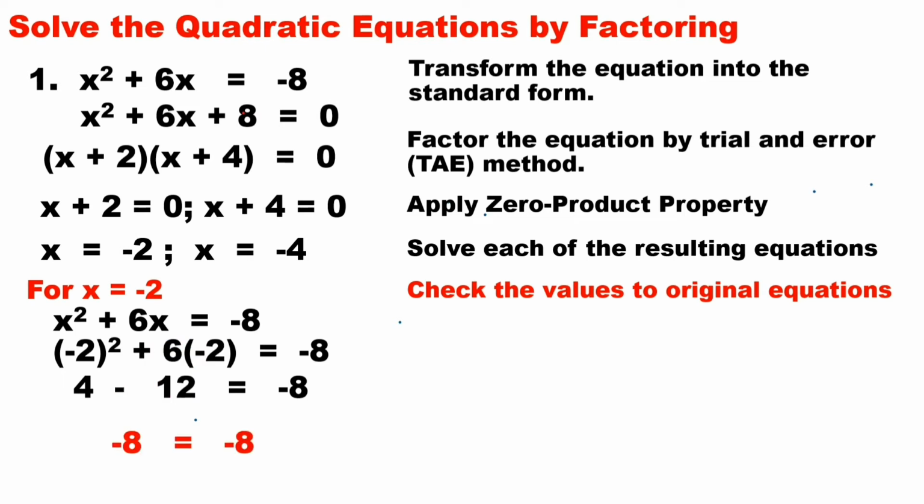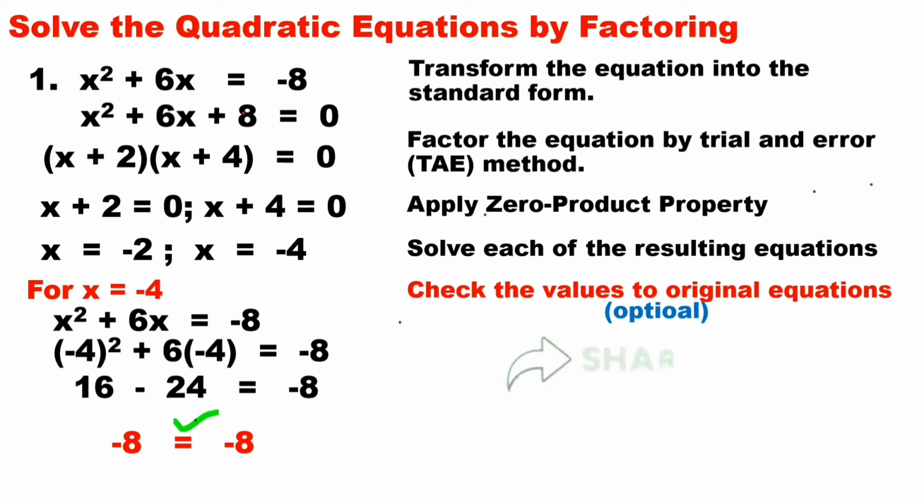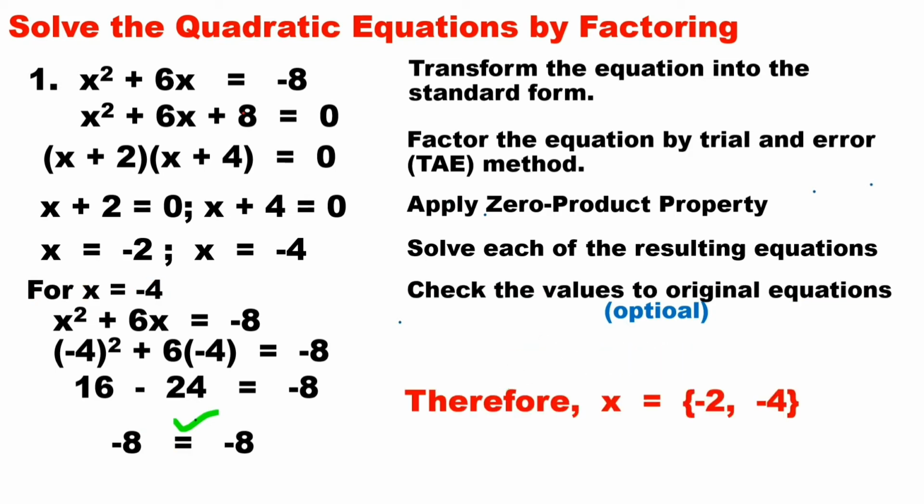Since they are equal, negative 2 is a solution. Doing the same to negative 4, and since they are also equal, negative 4 is also a solution. This part of checking is optional, particularly if you are confident with the solutions above. In this problem, the value of x equals negative 2 and negative 4.